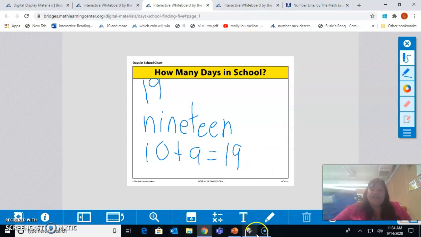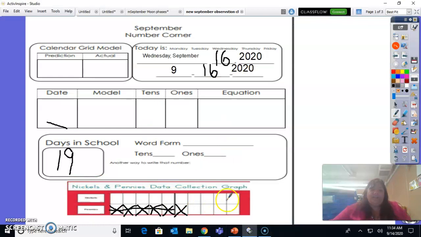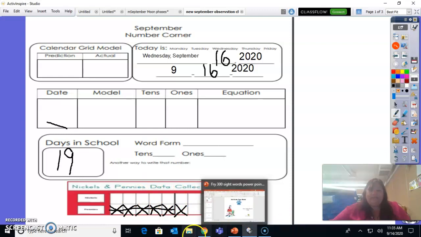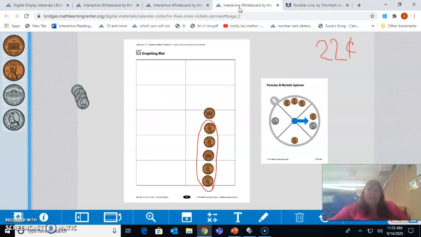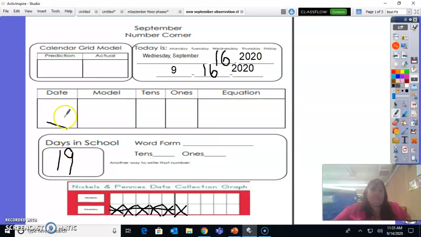So our next on our chart is our pennies, nickels, collectors. Yesterday, remember, we got 3 pennies. Let's find out what we're going to get today. Phew, we got a nickel. Okay, so on our chart, we need to mark, you bet, 1 nickel.